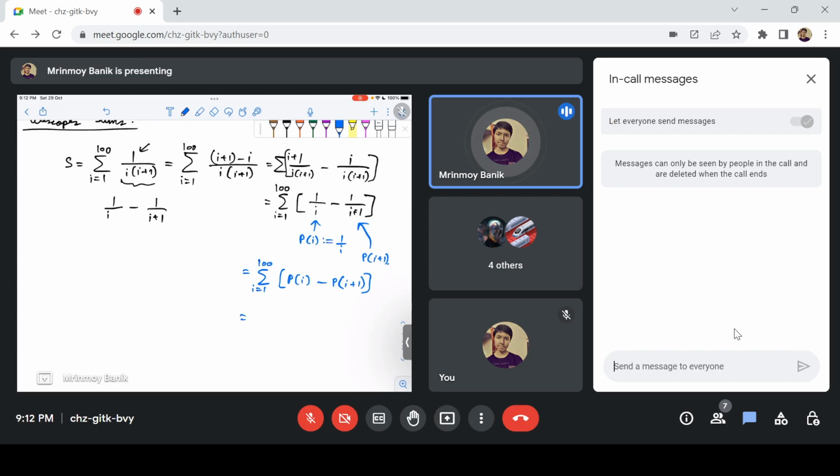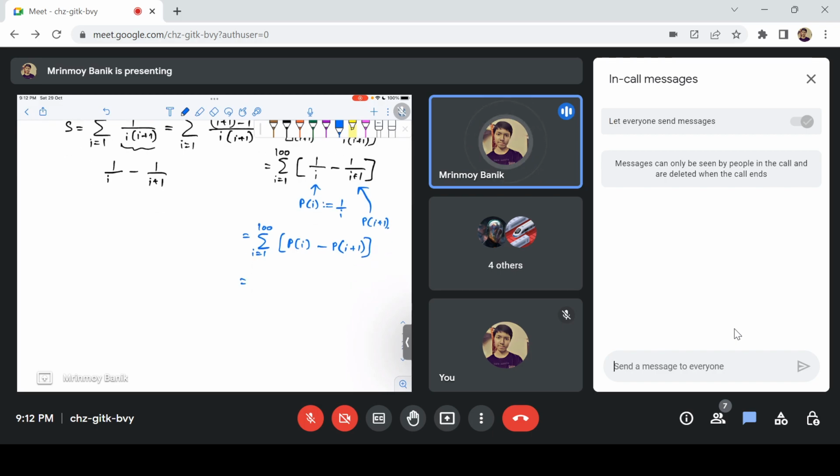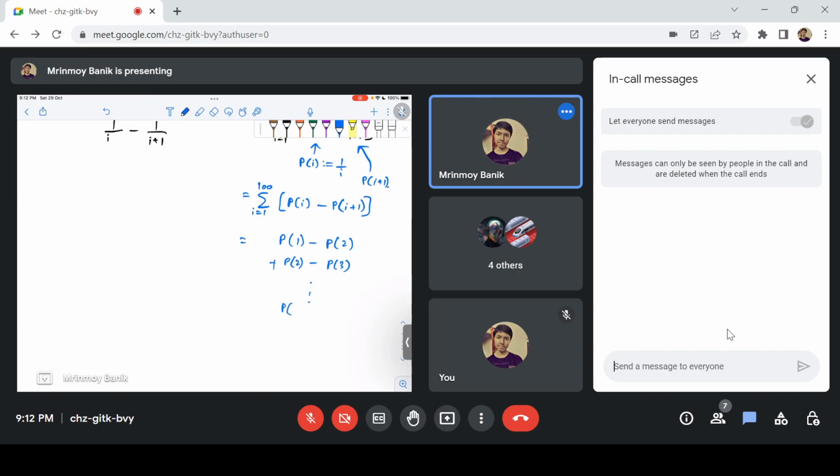Now what you can do is write the terms in pairs and then cancel out, and you will be able to see things get cancelled. So p1 minus p2, p2 minus p3, and like this up to p(n-1) minus pn and pn minus p(n+1).